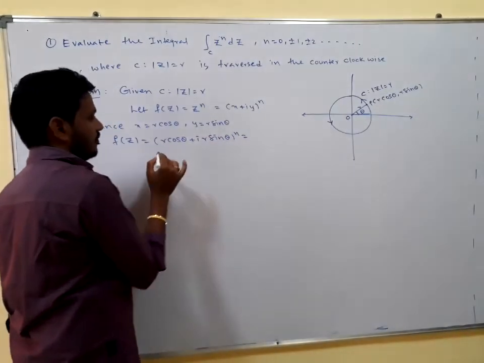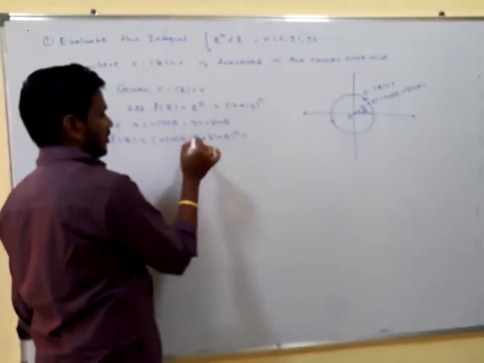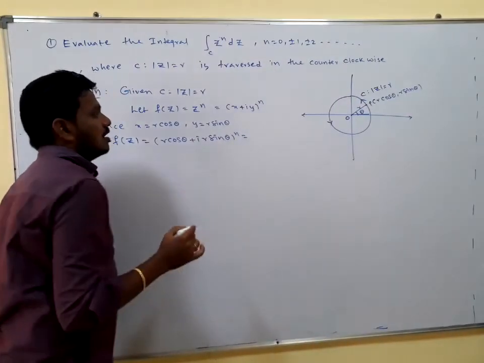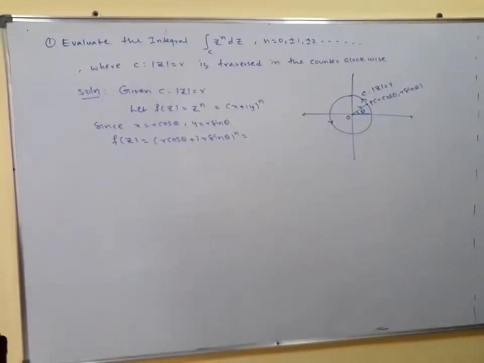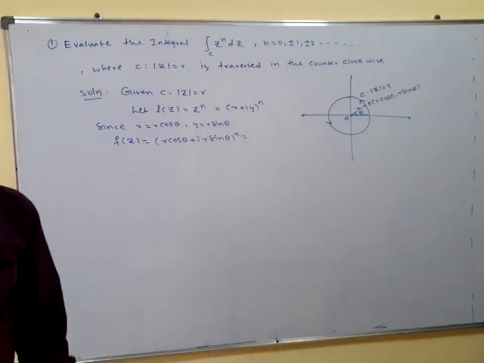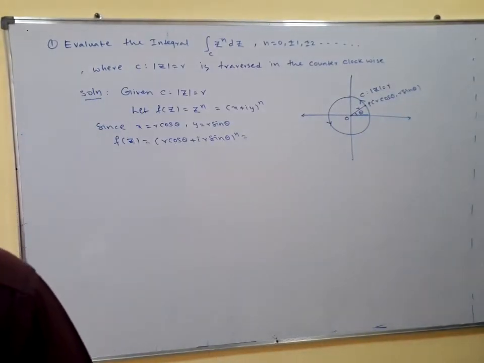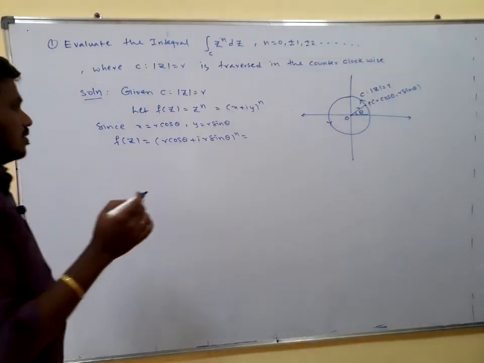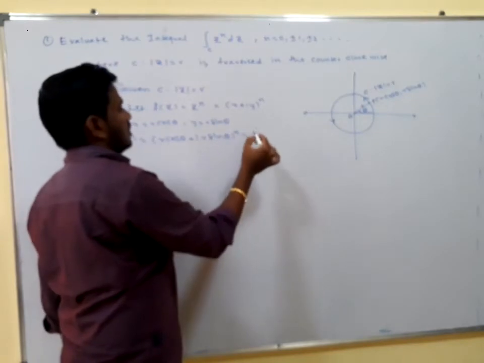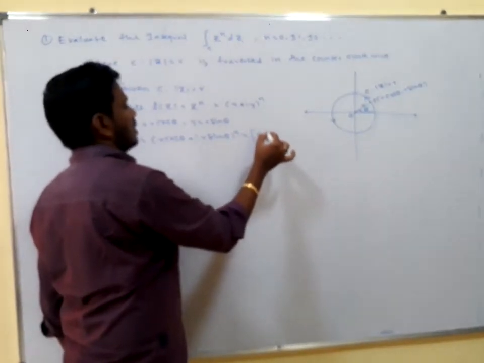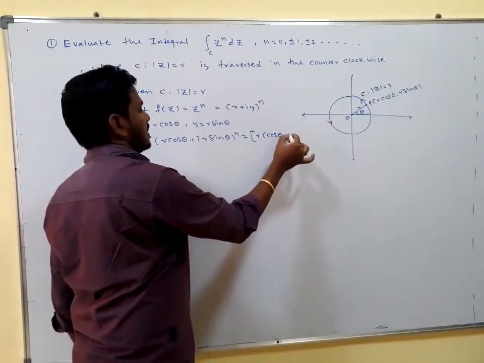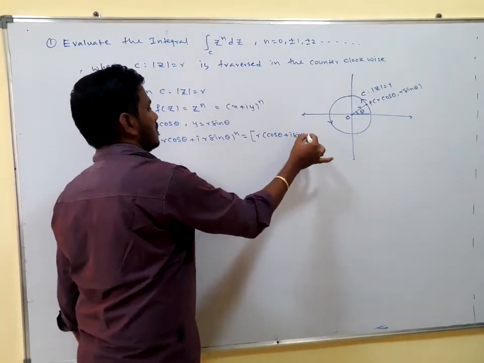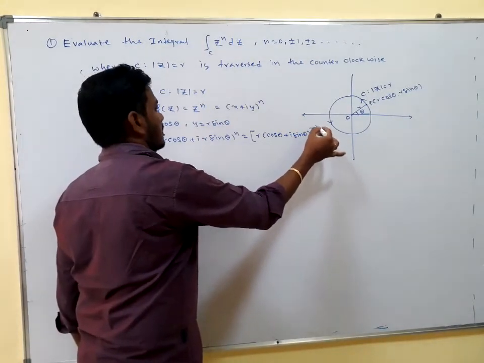Here you can take r common, so it is r to the power of n, times (cos theta + i sin theta) whole to the power of n.